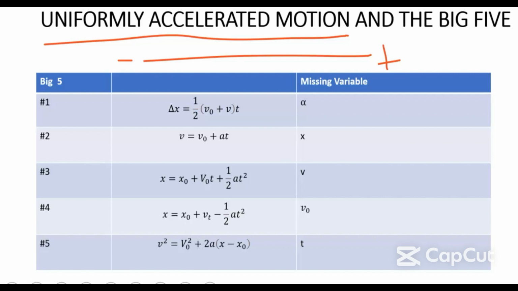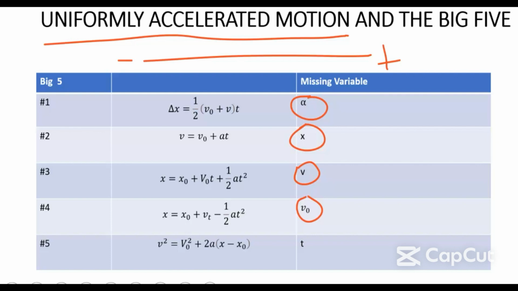The fundamental quantities are position, that is this x, velocity, and acceleration.